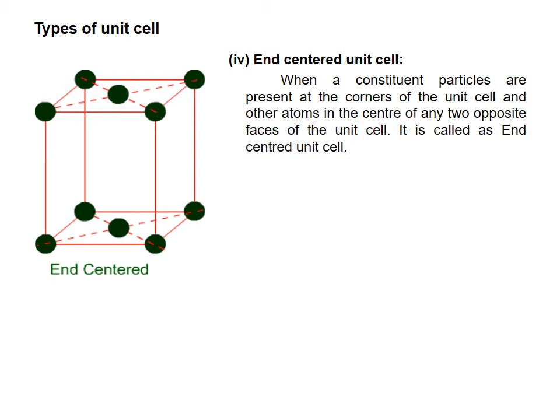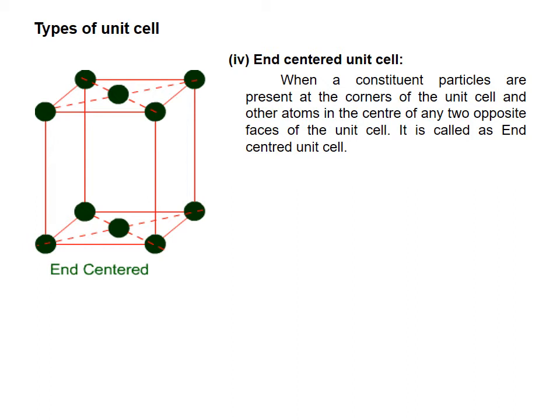The fourth type of unit cell is an end-centered unit cell. When constituent particles are present at the corners of the unit cell and other atoms in the center of any two opposite faces of the unit cell, it is called an end-centered unit cell. As shown in the figure on your screen, atoms are present on the corners and in the center of two opposite faces.